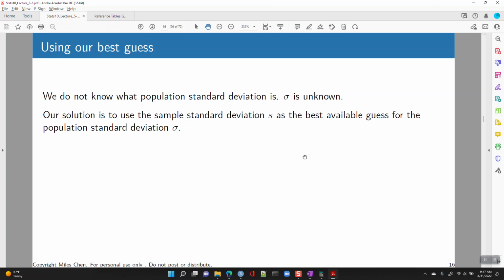I don't know the standard deviation of my population, but a reasonable guess would be the standard deviation of my sample. I have a sample, and I'm going to use its standard deviation as a guess for what the standard deviation of the population is. And that sounds like a reasonable thing to do, and it is.